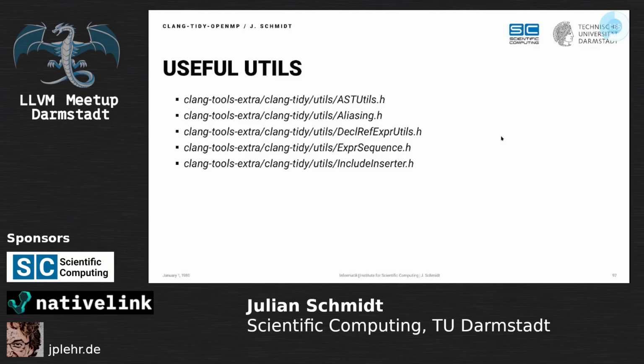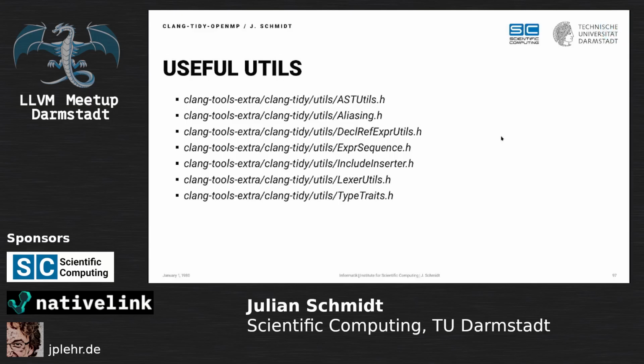Then there's IncludeInserter, because macros, and LexerUtils, because sometimes you have to go down to the token level and actually parse tokens for your Clang-tidy check to diagnose interesting locations or to insert at some specific location you need. There's also type traits, so isTriviallyCopyable and something like that as AST matchers. And yeah, I think that should be it, I guess.